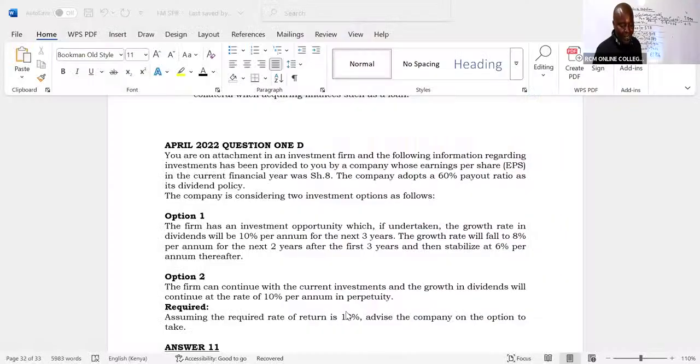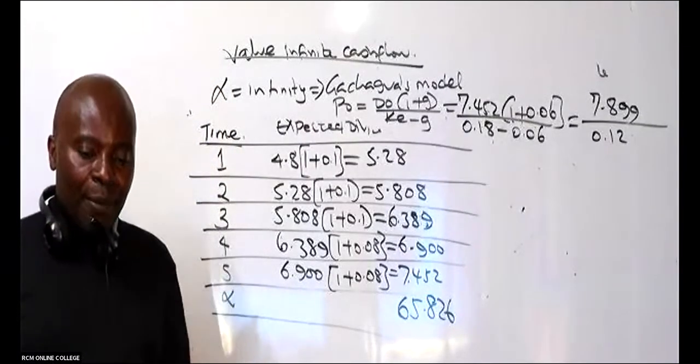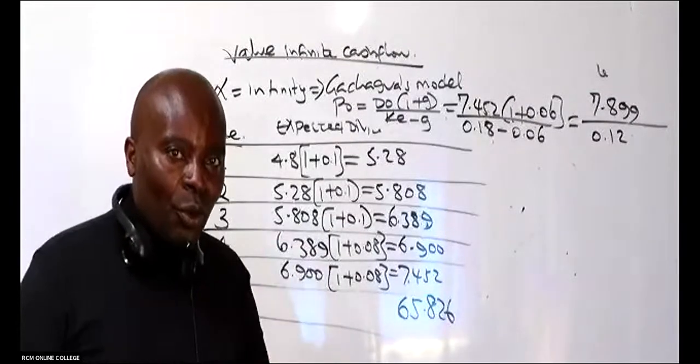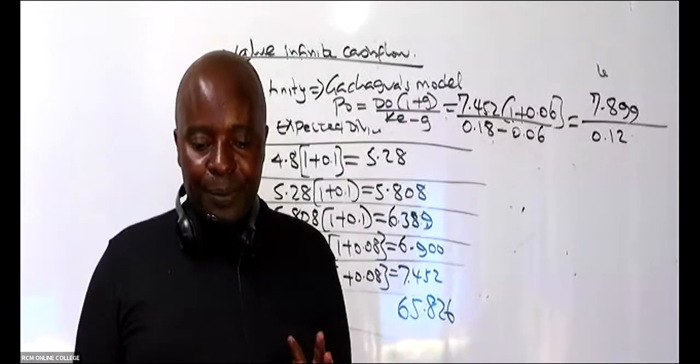It is here: assuming the required return is 18%. It has been given, right? So anytime you hear about infinite, always remember D0 growing, Ke minus g.